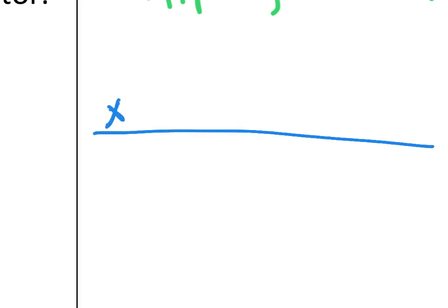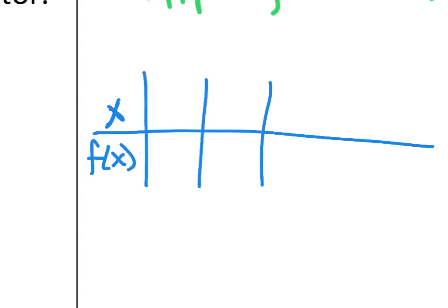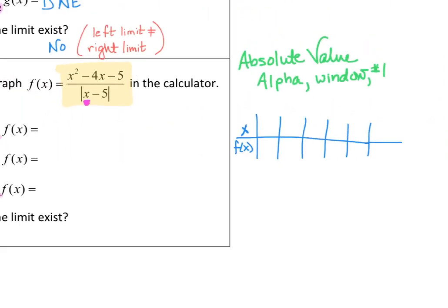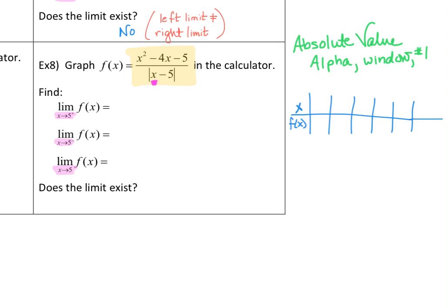That's an x. There we go. And then let's again do, the green is approaching from the right, and the blue is approaching from the left.